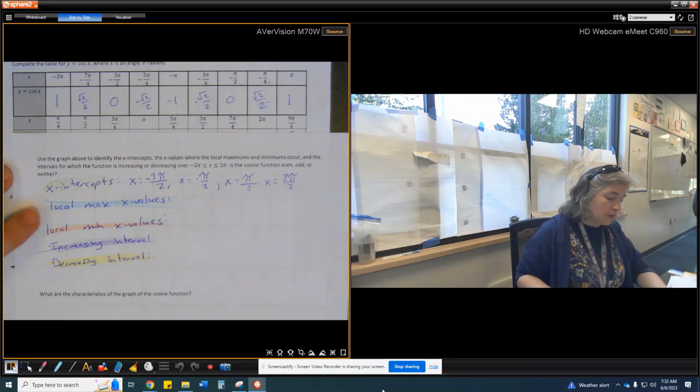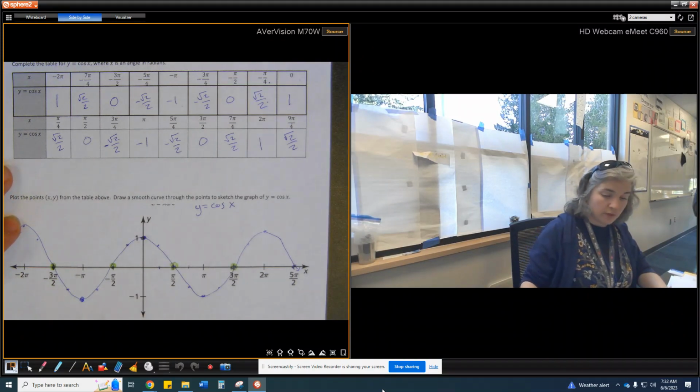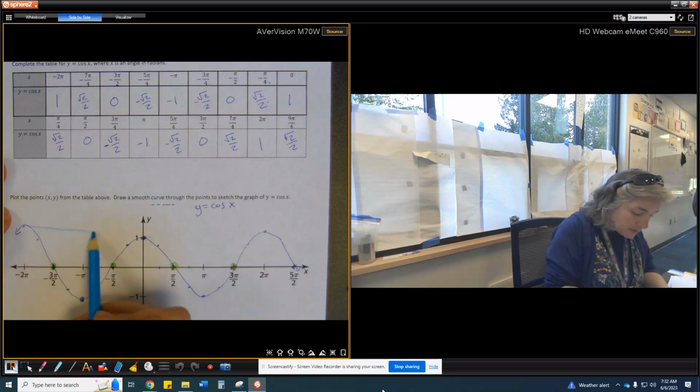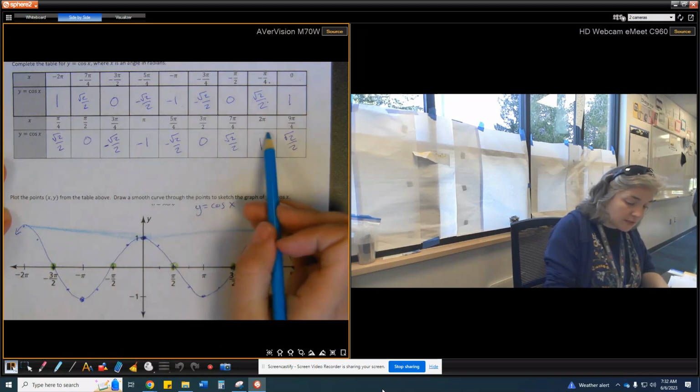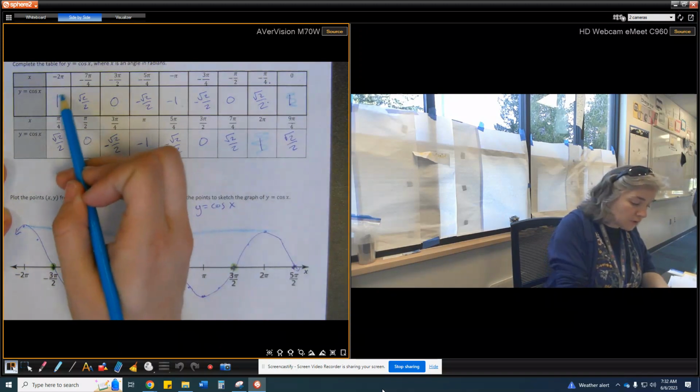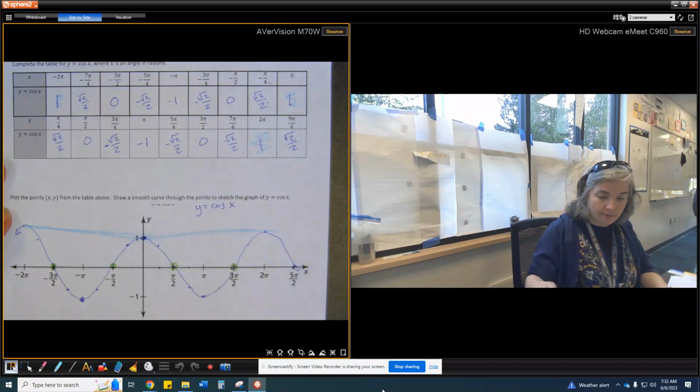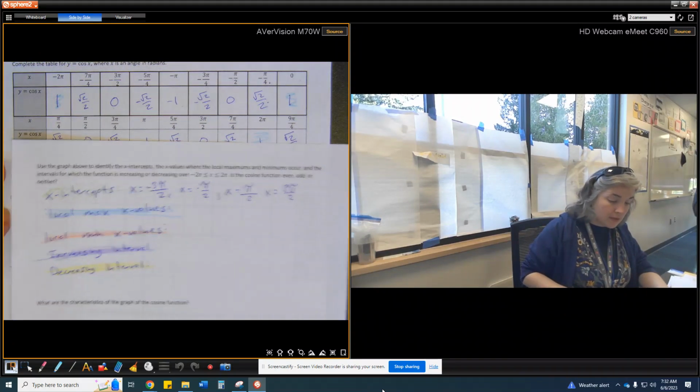All right, local maximum values. What is the highest it ever gets? Hopefully we can see, and it's in our table, right? The local maximum values are all 1. That's it. They're all 1.